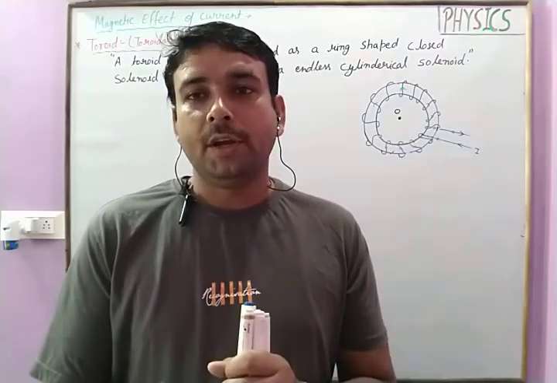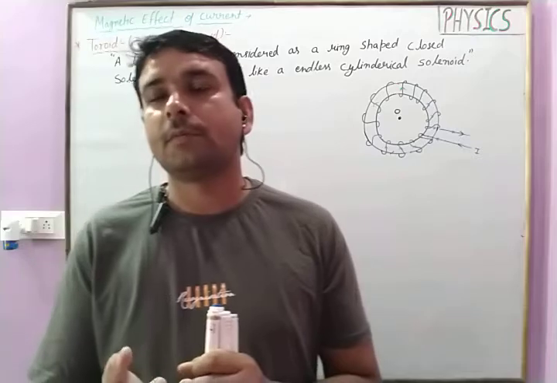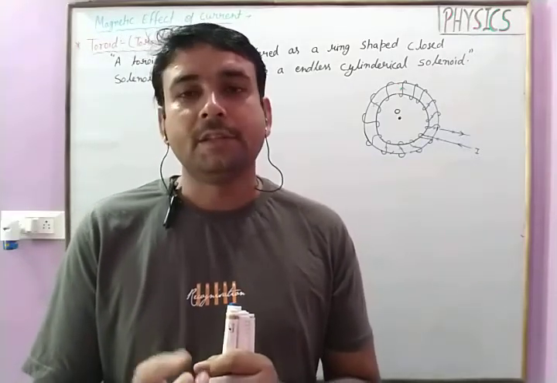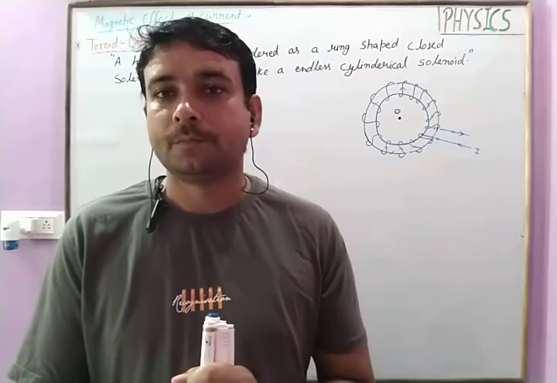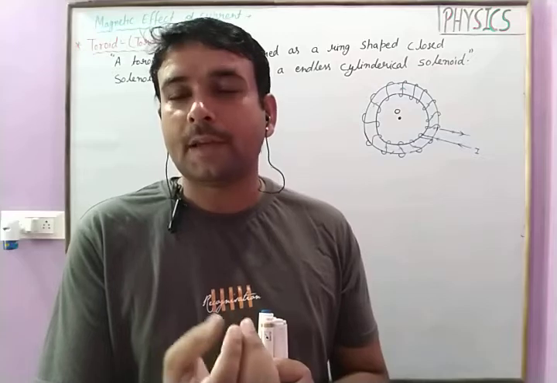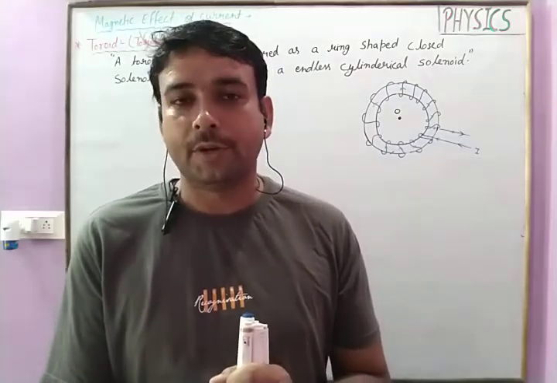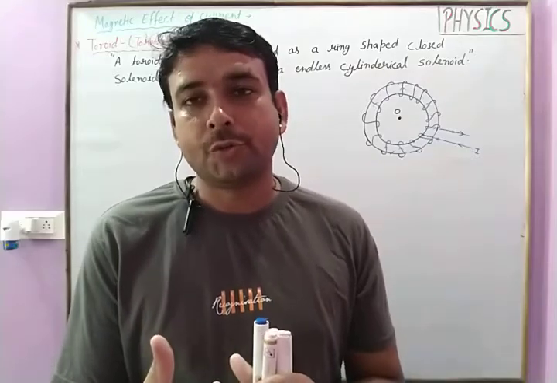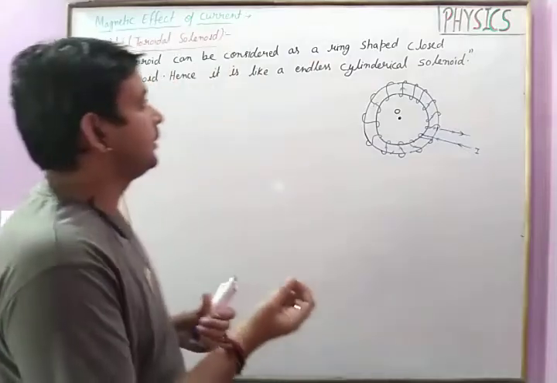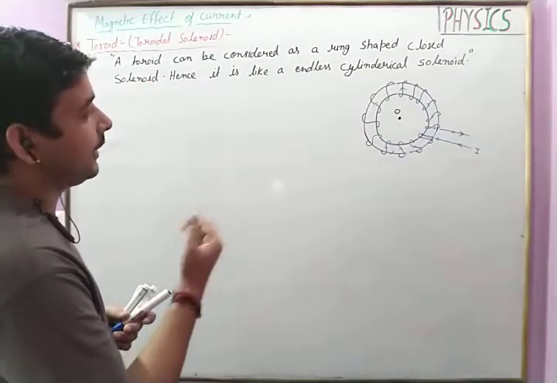Basically, a toroid is considered as a ring shaped solenoid, like an endless cylindrical solenoid. So now we will understand how the formula for the magnetic field for a toroid is calculated.